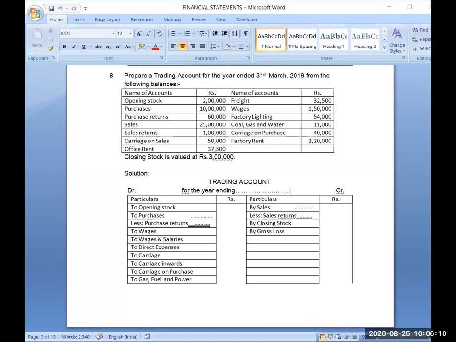So here you will not leave it blank now. If date is not given, then you can leave it blank. March 31, 2019.